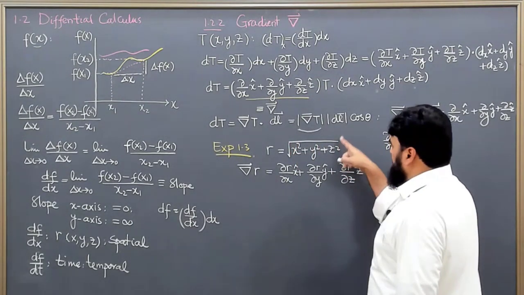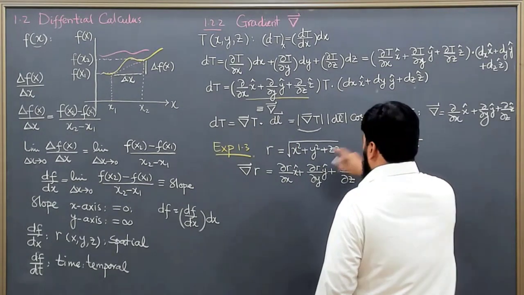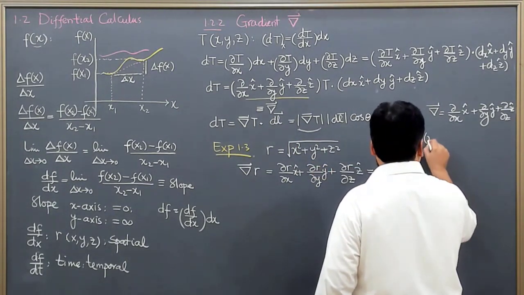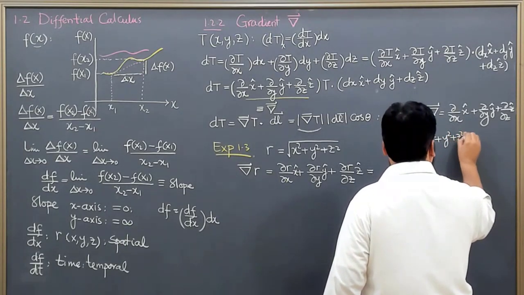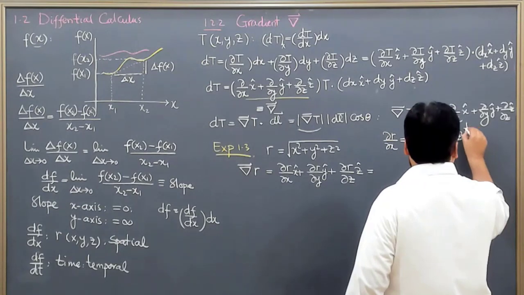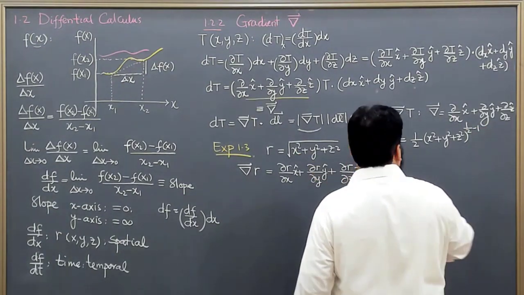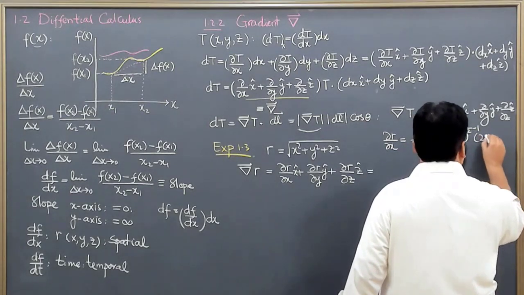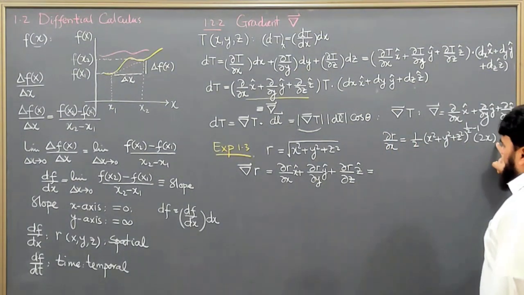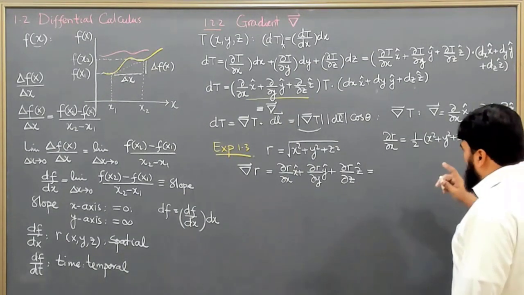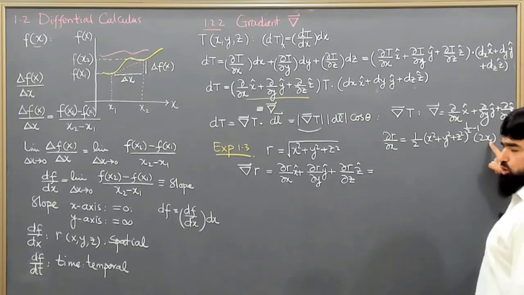The power of this is 1 over 2, so it is 1 over 2 times x square plus y square plus z square to the power 1 over 2 minus 1, and then the derivative of this one, which will give us 2x, while the same we will get for ∂r/∂y, but this will be just 2y.